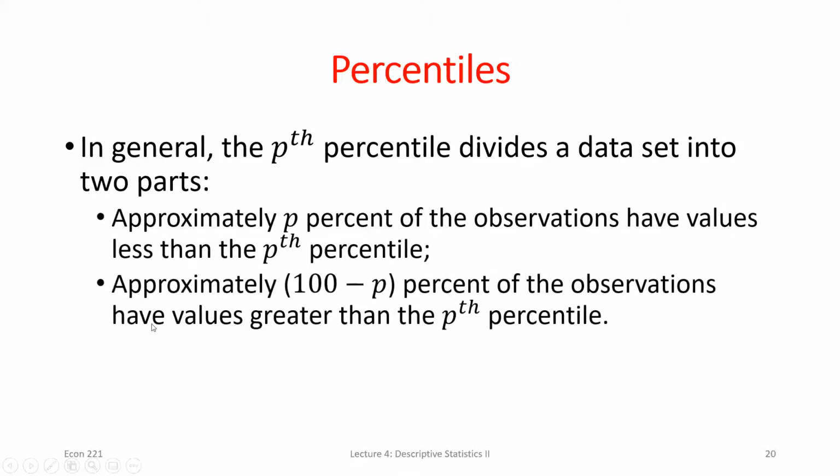What it also means is that, and you can get, it's 100 minus that is the percent of the observations above that value. So if I'm in the 80th percentile, 80% of the scores are below me, 20% of the scores were above mine or higher than mine. So we can think about it kind of both ways. Oops, sorry. And I don't think that's anything wildly new to you guys. I think that's a pretty easy concept.